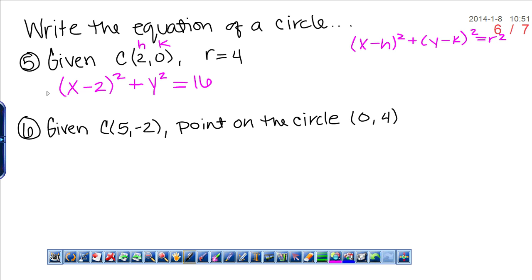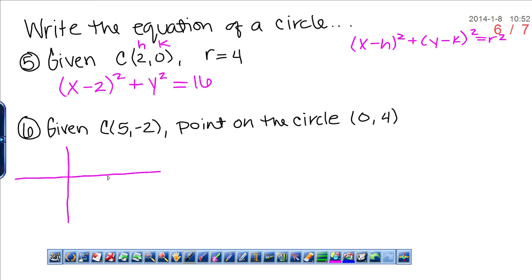All right, look at number 6. This time we are given a center at 5, -2. And we're given a point on the circle at 0, 4. What information do we still need in order to write our equation? The radius. So we need to find our radius. Okay, so let's think about what this looks like.